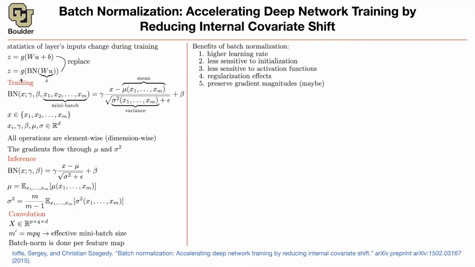If G is a sigmoid, and you don't do batch normalization, and this X gets too big, then you're in the saturating regime of your activation function. And everything is going to turn into a constant, and then its derivative is going to be 0. So you can get away with higher learning rate.